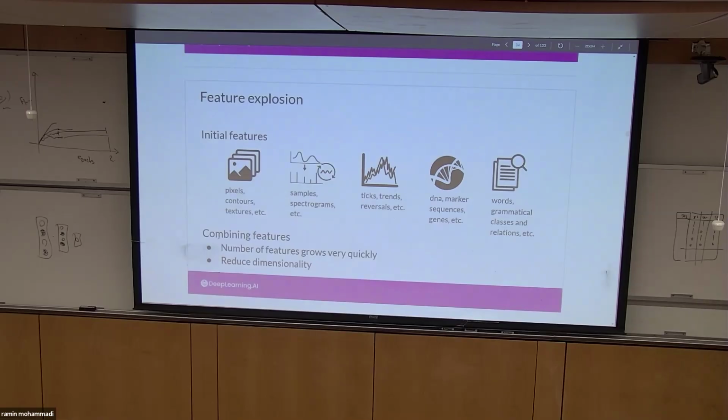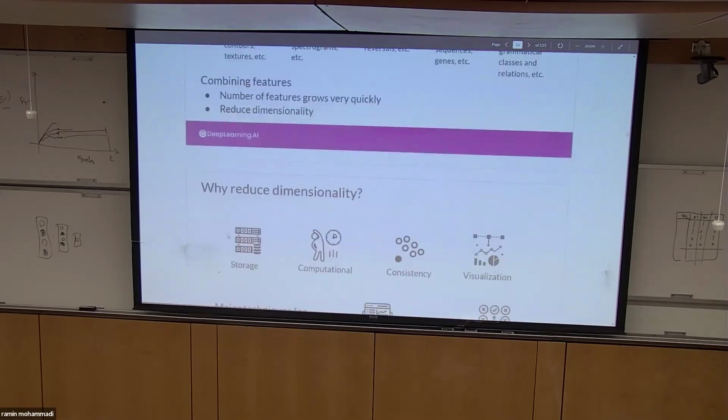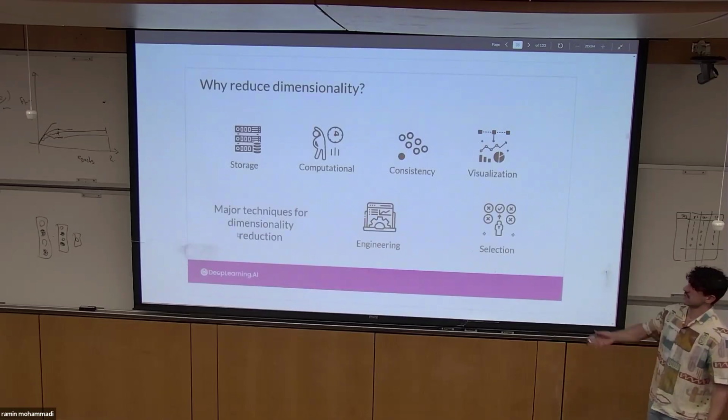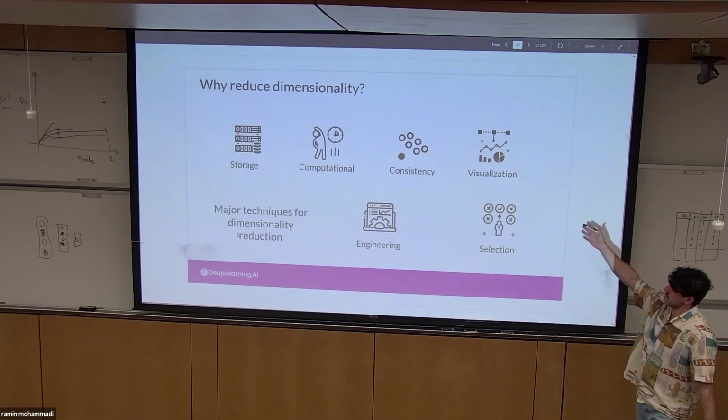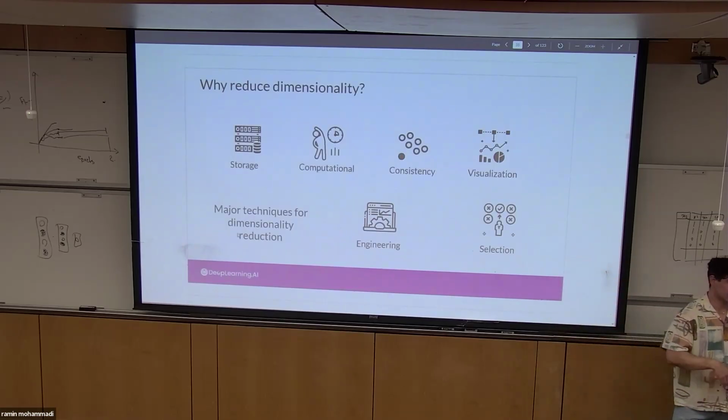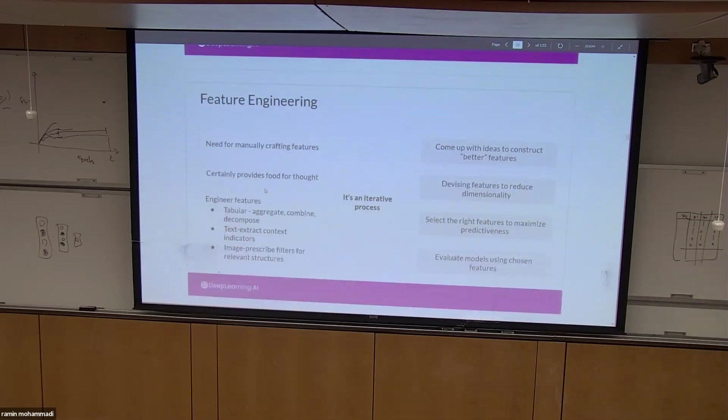That becomes the manual approach. We have done it probably before. The benefits are storage, computation, consistency, visualization, and better engineering, through some sort of selection. All of this is the improvement that dimensional reduction provides.